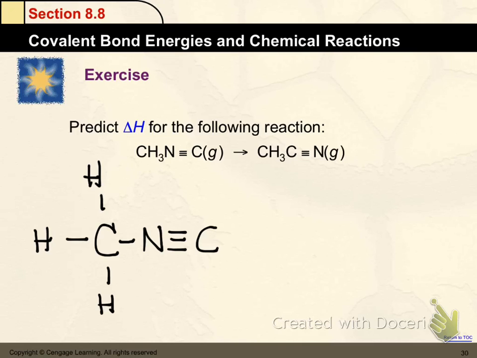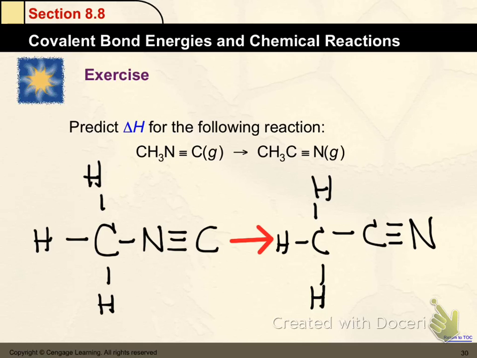And that is being broken up, and we are getting something out the back side that will look like this. And that's going to form, sorry, that will not be a triple bond. Go back, and let's go here, and let's go there. Okay? So we got to break every single one of the bonds. Break that one, and that one, and that one, and that one, and that one, and then form that one, and that one, and that one, and that one, and that one.